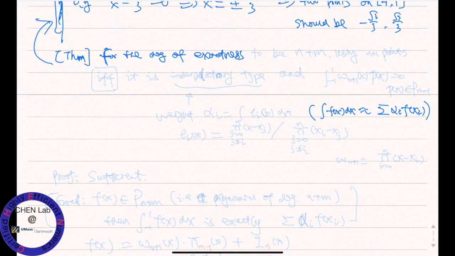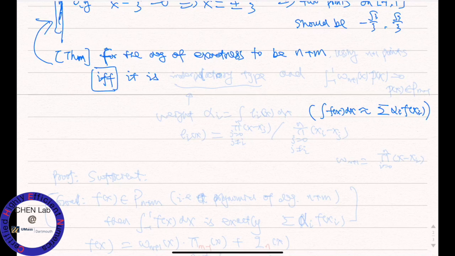So for the degree of exactness to be m plus m, right? M points. If and only if, IFF means if and only if. That's exactly the same as we wrote down last time.